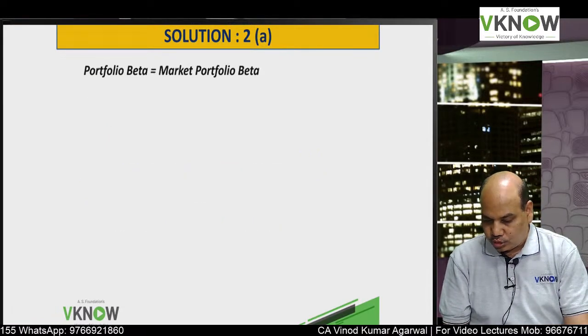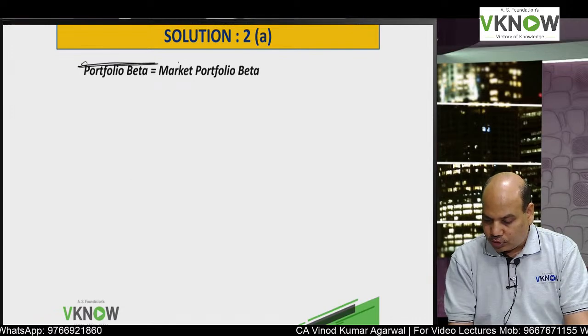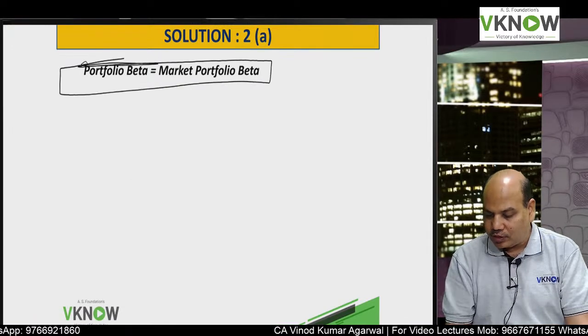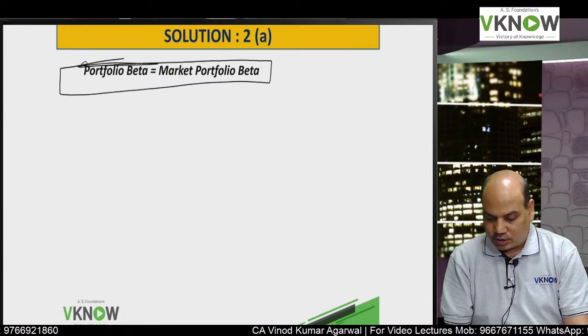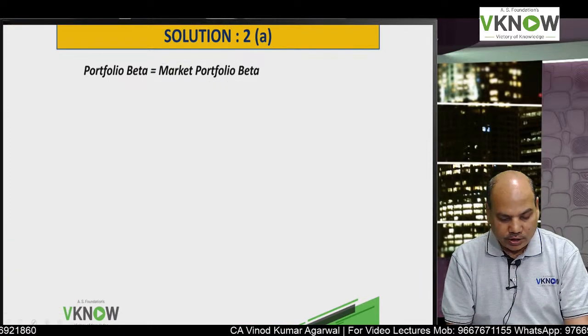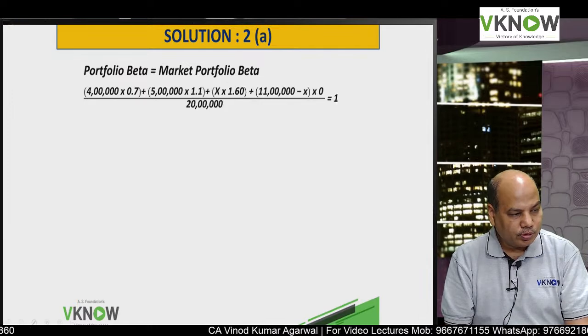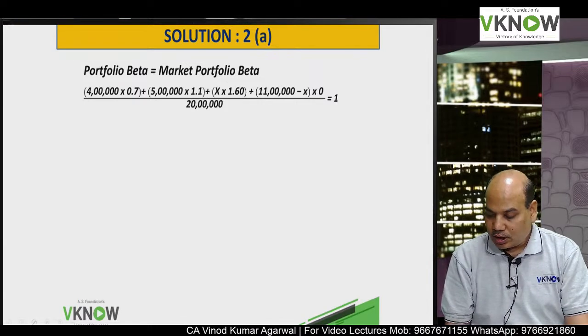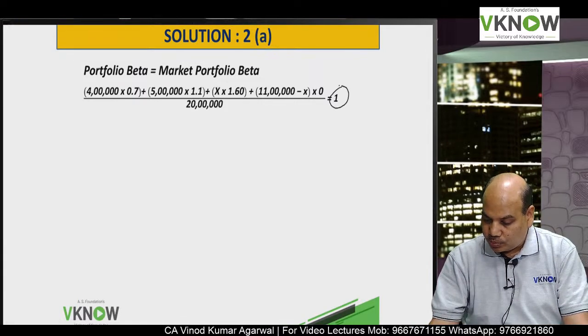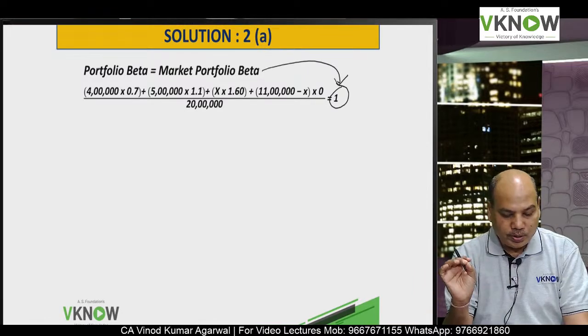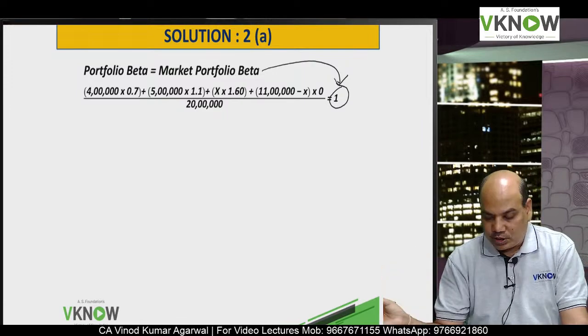Then write down one note. Portfolio beta is equal to market portfolio beta. And all of you know market portfolio beta is equal to 1.